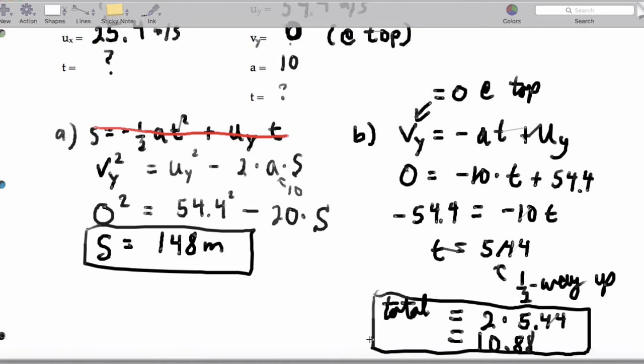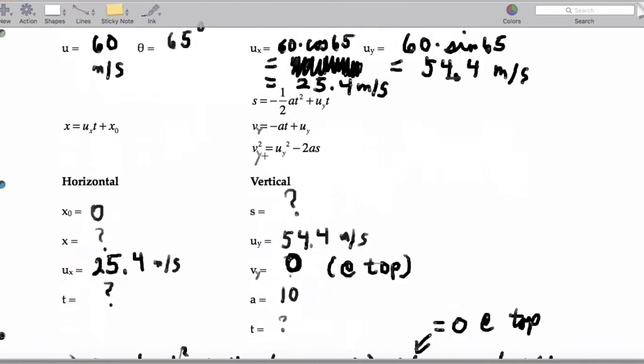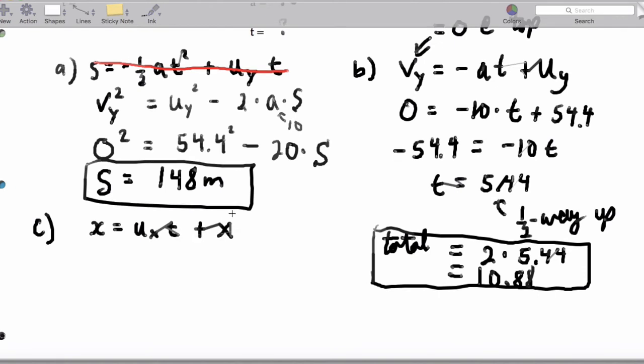All right. And then for part C, let's go ahead and get the horizontal range covered. So that's going to be x is uxt plus x naught. Let me try to rewrite that again. So x equals uxt plus x naught.